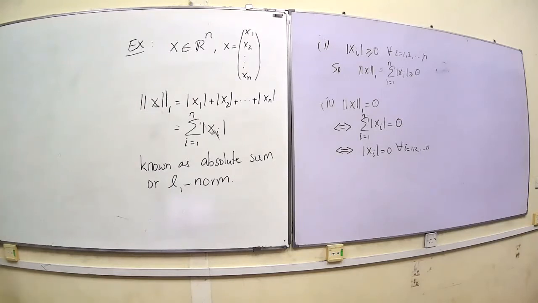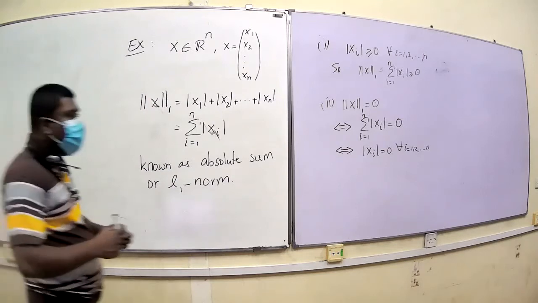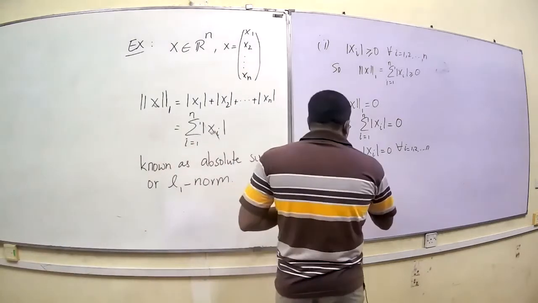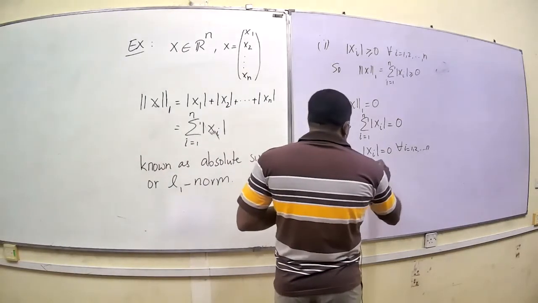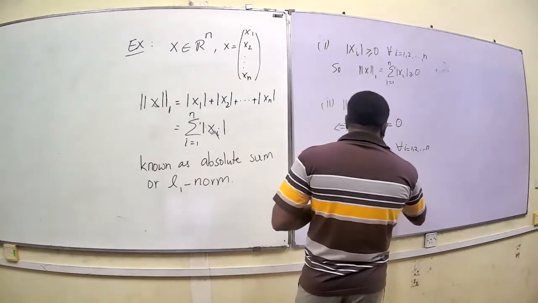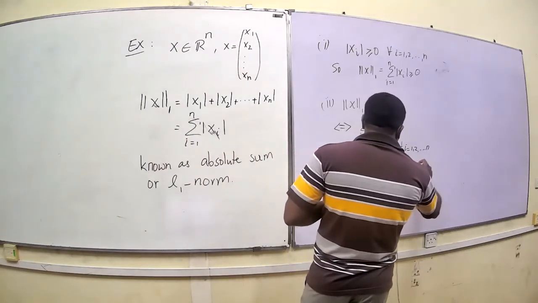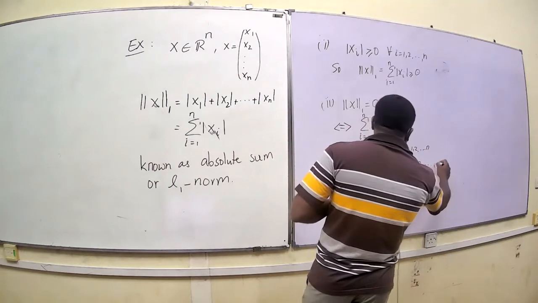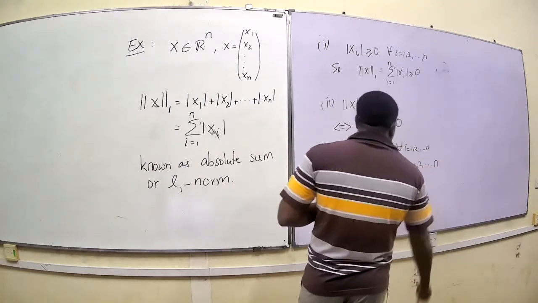If the absolute value of a number is 0, then that number is 0, which is the property of absolute value. So that is true if and only if xi is 0 for all i equal to 1, 2, up to n.